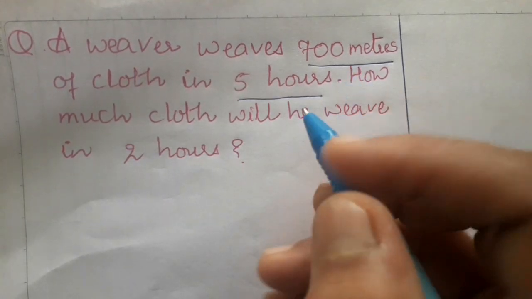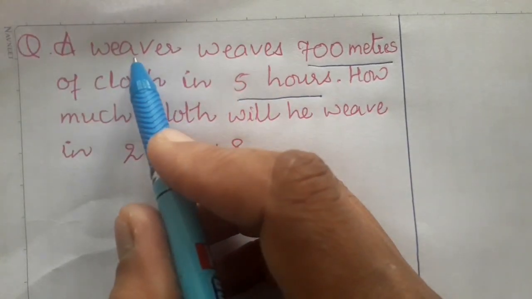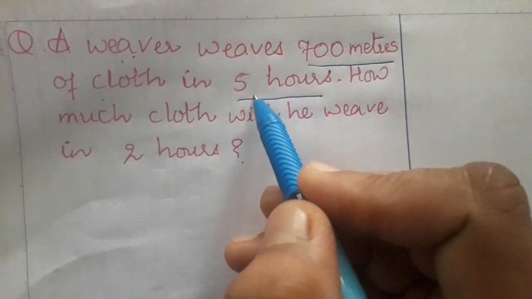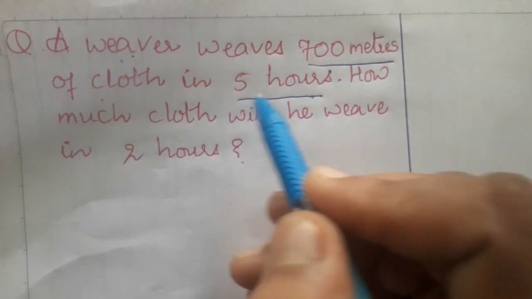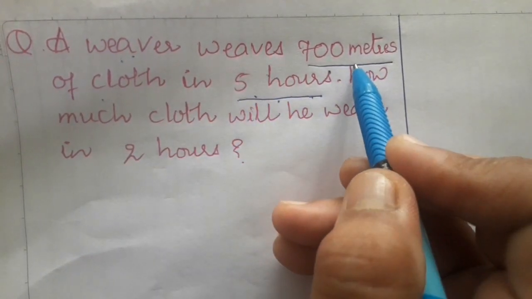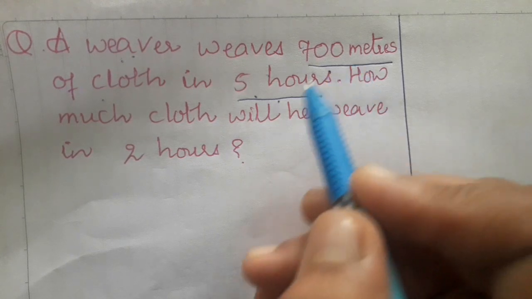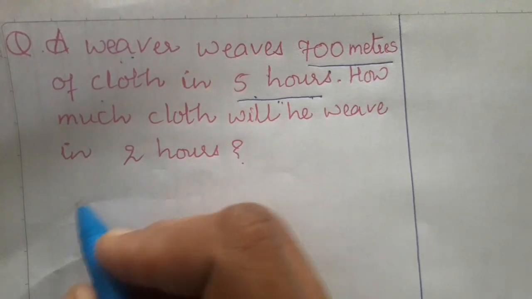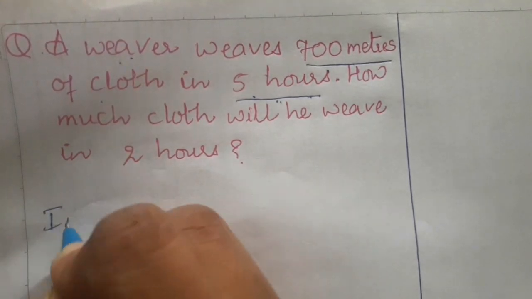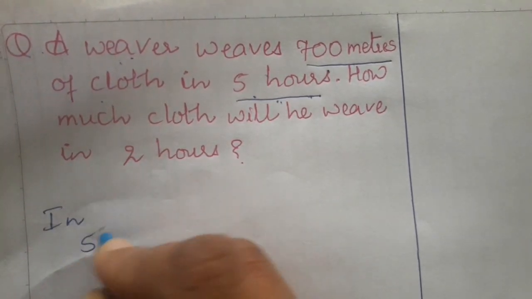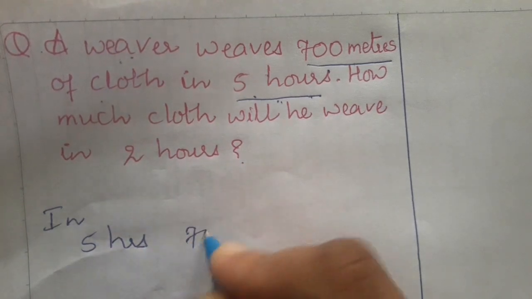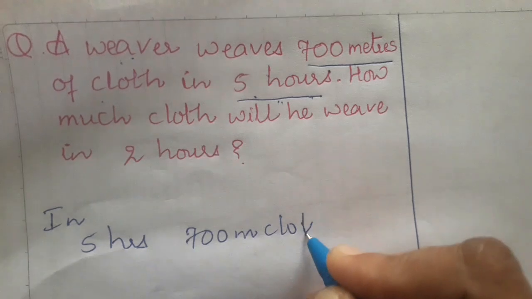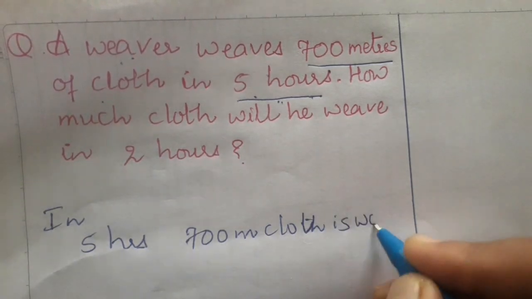So here the first statement says that a weaver weaves 700 meters of cloth in 5 hours. So in 5 hours this much cloth has been woven. So in 1 hour how much is it possible? So here you can say in 5 hours 700 meter cloth is woven.